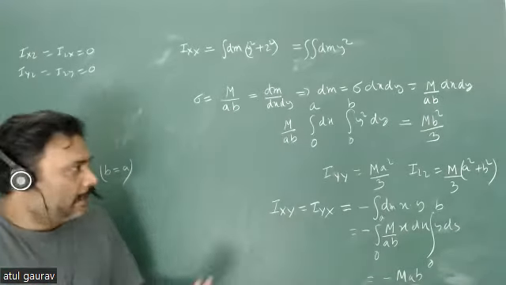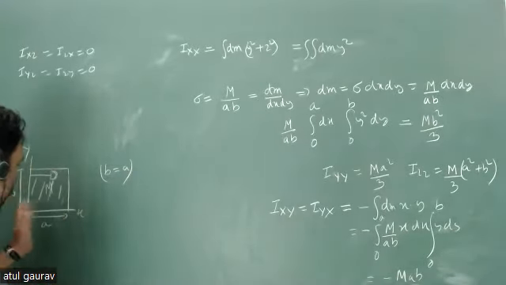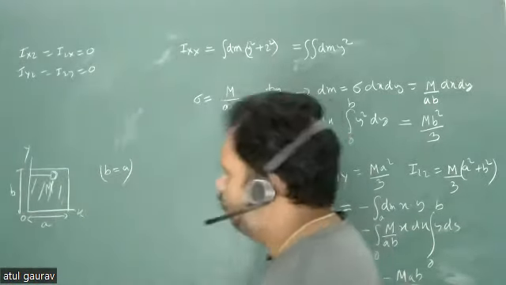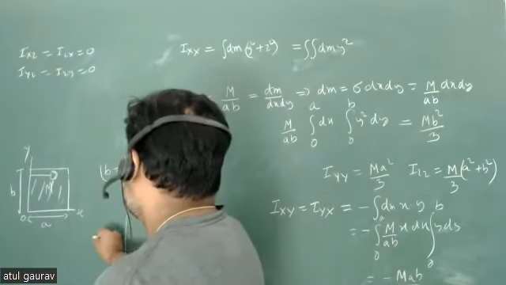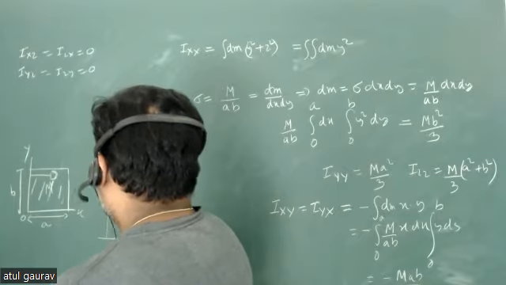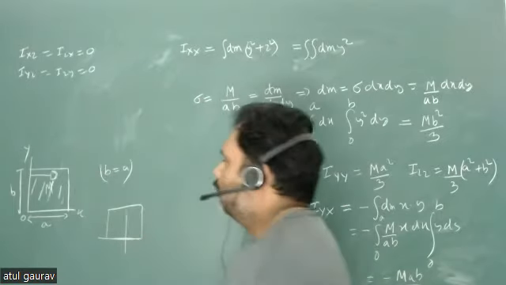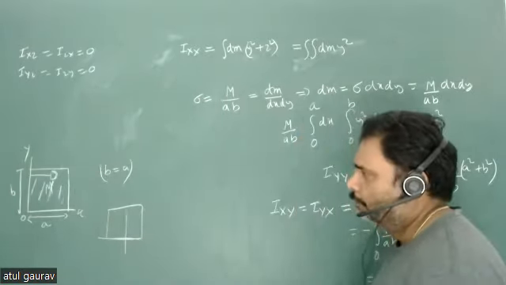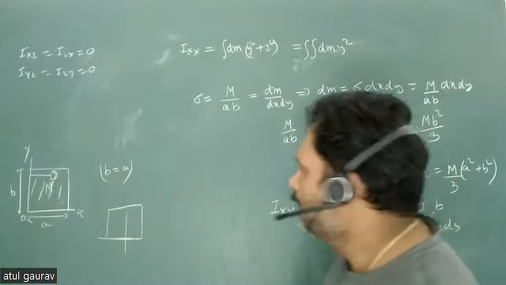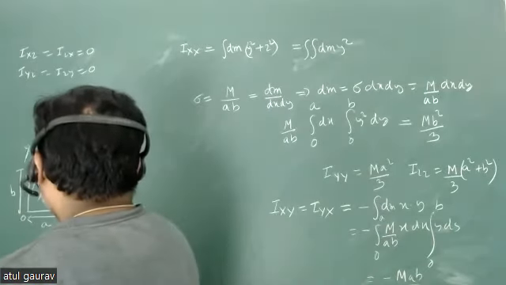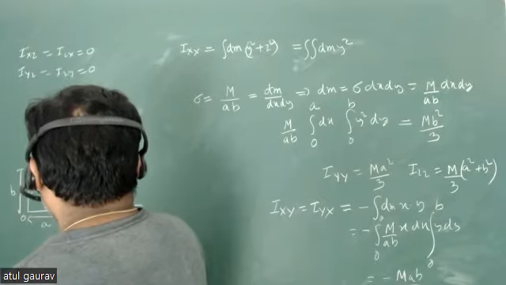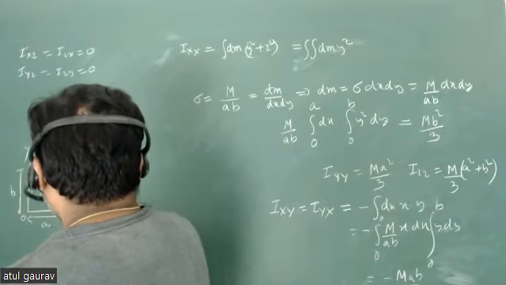Now look at it, if suppose you have the same mass and it is just kept like this, then what is going to change? Origin. We have changed the origin, right? Now x is going from minus a by 2 to plus a by 2, and y is going from 0 to b.